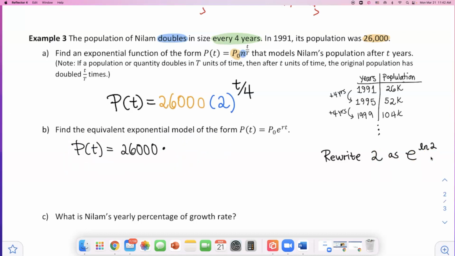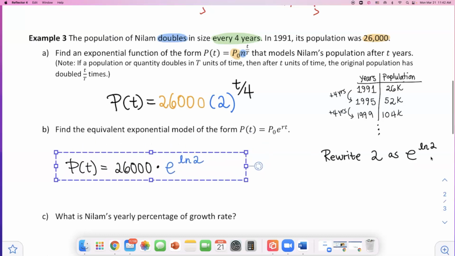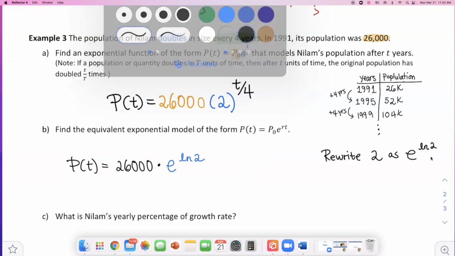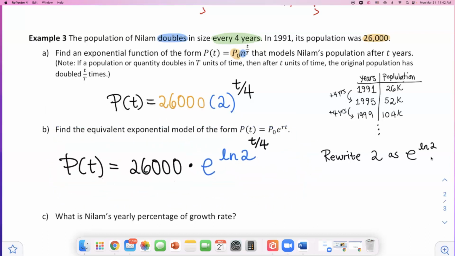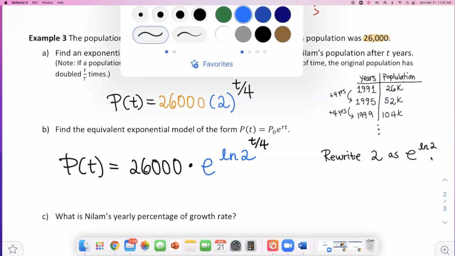So instead of 2, write down e raised to the natural log of 2 to the, all right, now we had that original exponent, right? I better write that original exponent of t over 4 power, okay? So that's the first thing we did. Let me make this a little bit bigger, okay? Now, using the log property, we can bring this down to the front.